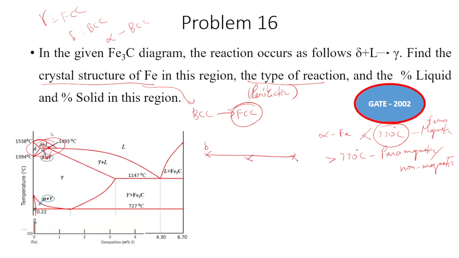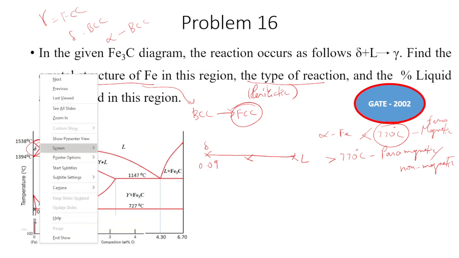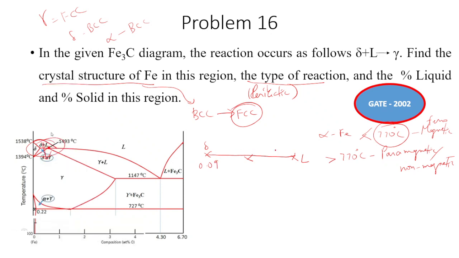At the region of delta, the composition is 0.09. And at the region of liquid, the composition of carbon is 0.53.